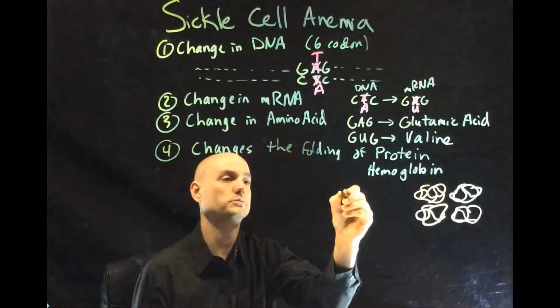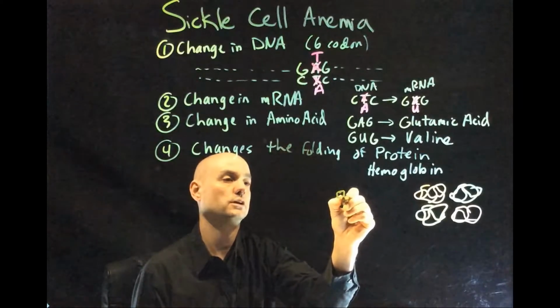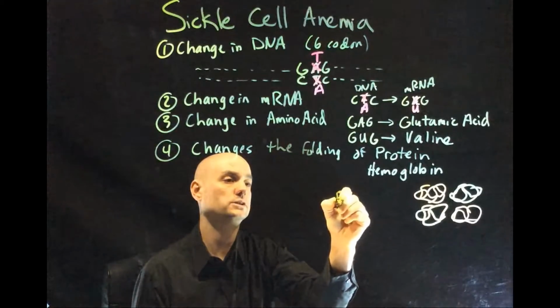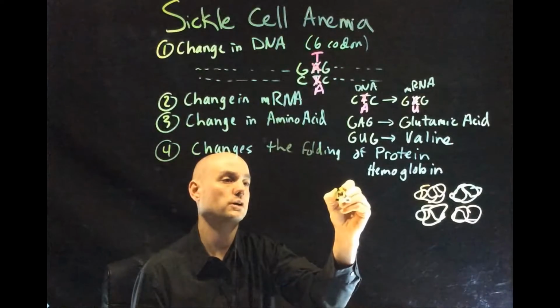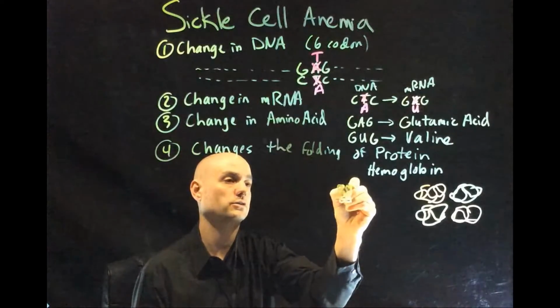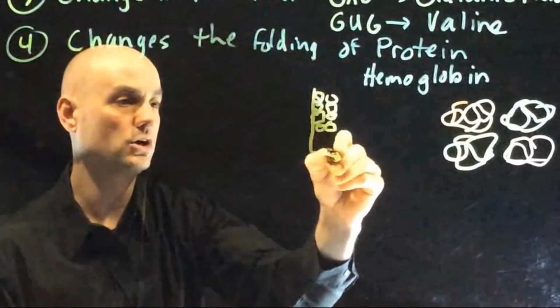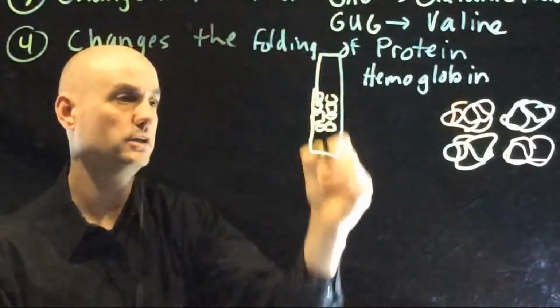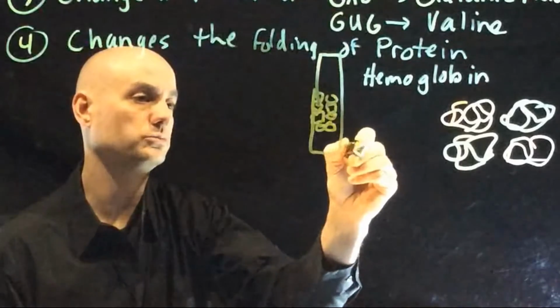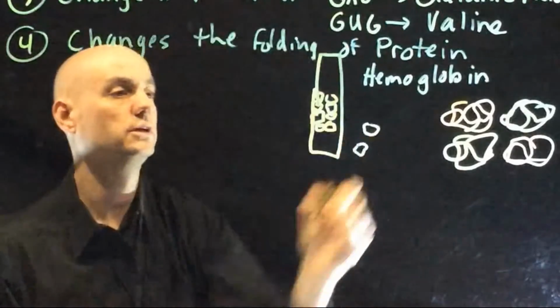So it forms a group of four of these, but then this group of four attaches to another group of four and another group of four, and you end up getting this very long rod, instead of these small little groups of four, which is what they're supposed to be.